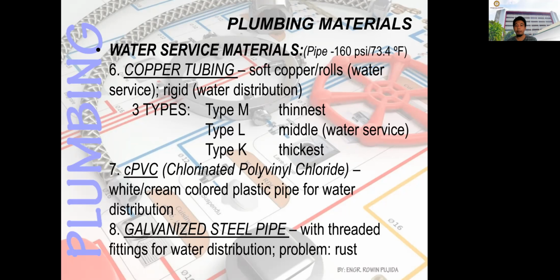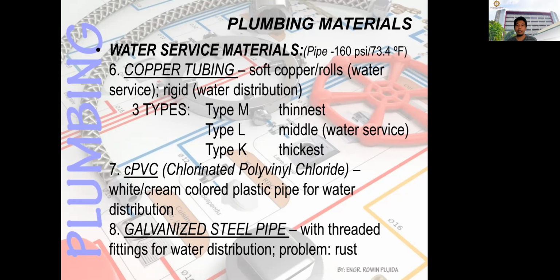That is the steel pipe that we see in our building or in our house, the connection from the main distribution to your house, with threaded fittings for water distribution.